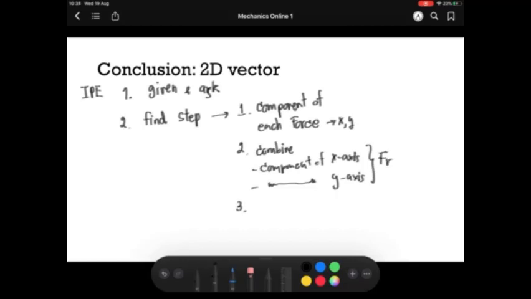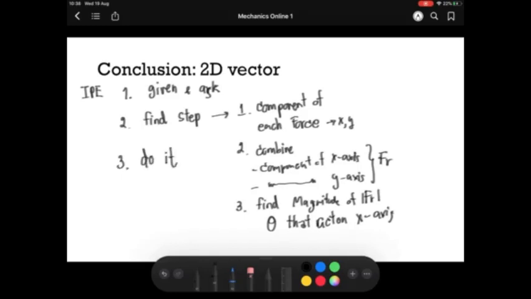And the last step is to find the magnitude of the resultant force, and then the theta, which we normally take as the angle from the x-axis. And then for step 3 of the IPE, you just do it. And that is for the two-dimensional vector.